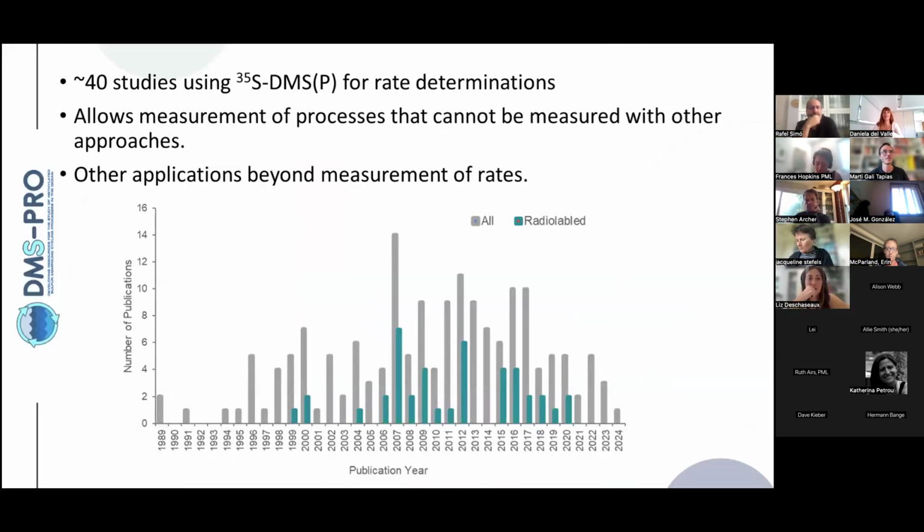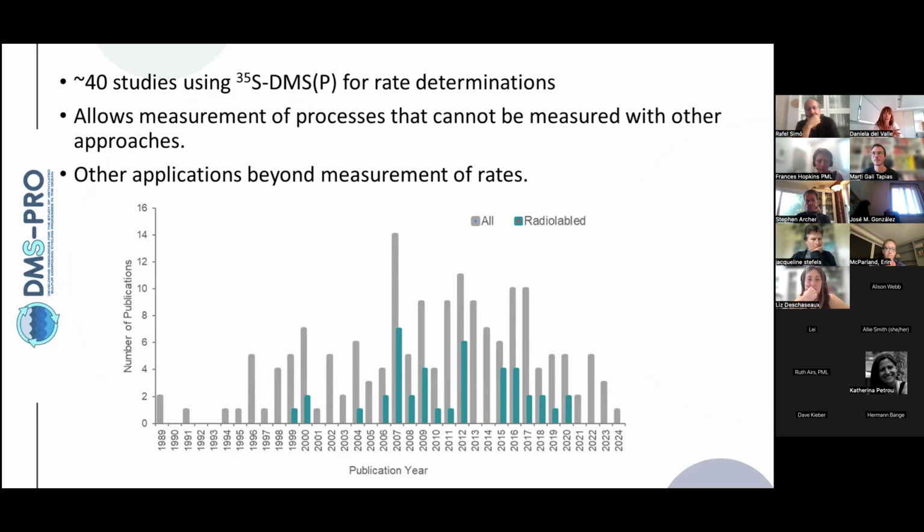So you just saw a version of this graph that Martí showed. I wanted to take a minute to acknowledge the contribution that the use of radio-labeled sulfur compounds has had for the past 25 years. Here you can see in light blue the publications using the radio-labeled approach.